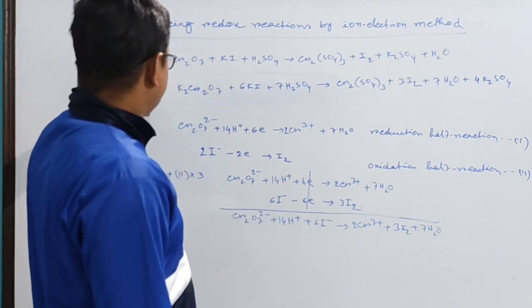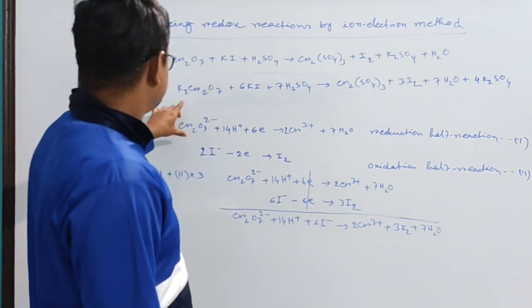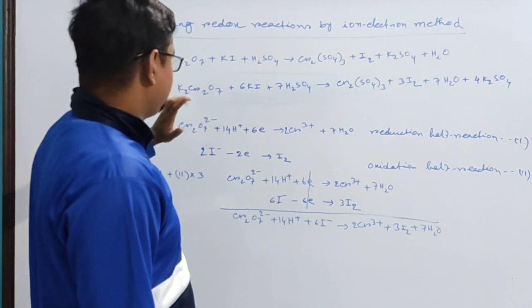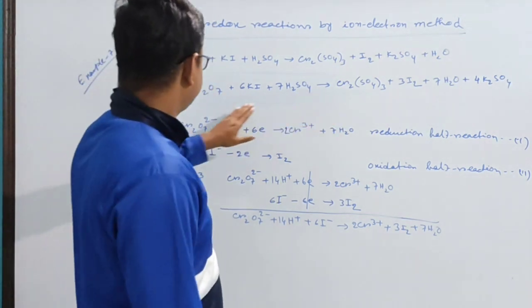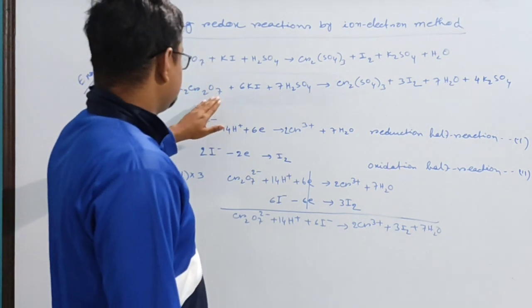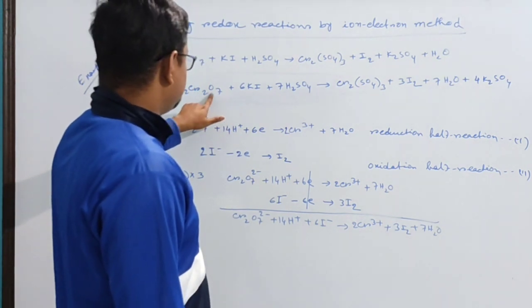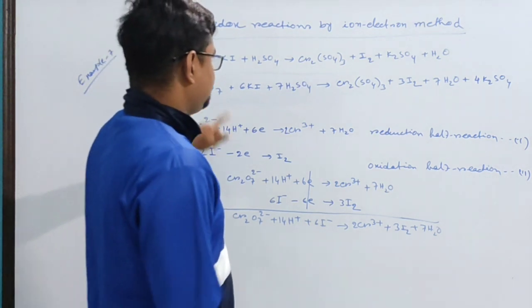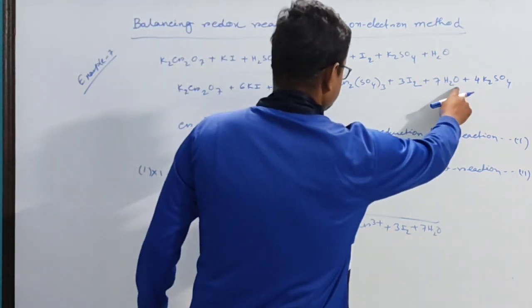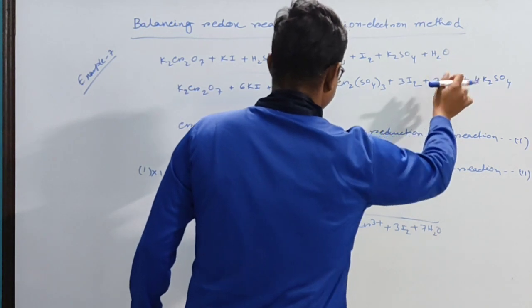Now you see whether everything is balanced or not. Potassium we have already discussed. Chromium, 2 chromium, 2 chromium. Oxygen, here 7 and 7 water molecules are there, so 7 oxygens are there.